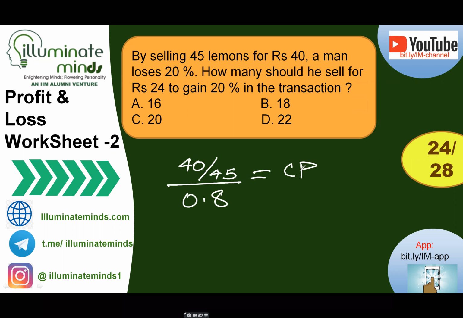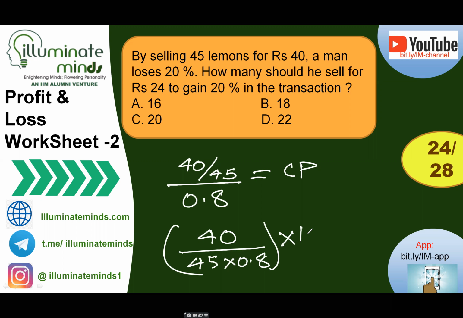By how many should he sell for rupees 24 to gain 20%? I'm not sure how many he should sell for rupees 24, but what I can do is increase this by 20% to reach the selling price of one lemon.